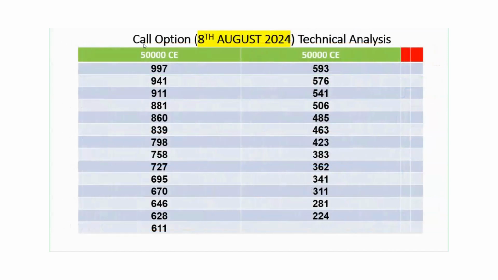And we will also see one call option, that is 50,000 C. We'll also monitor this, and these are the levels that I have found out from there. Let us see in the live market tomorrow what comes up.